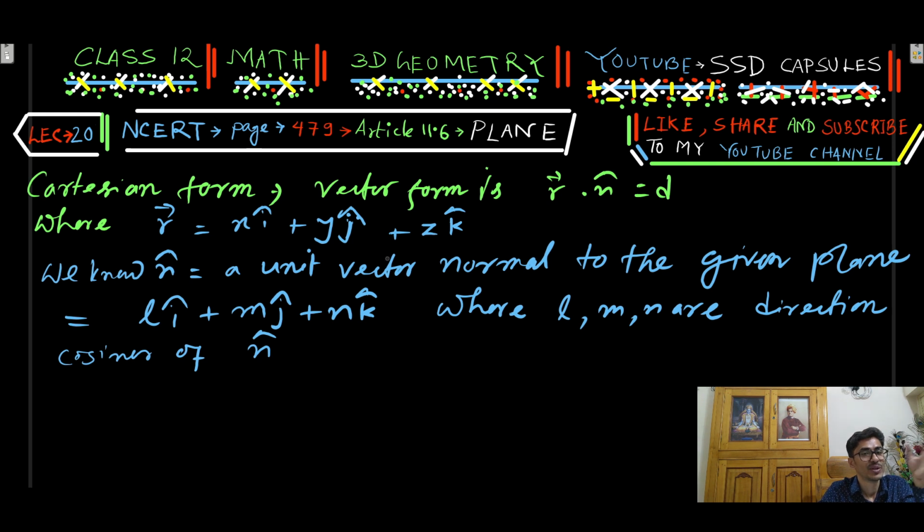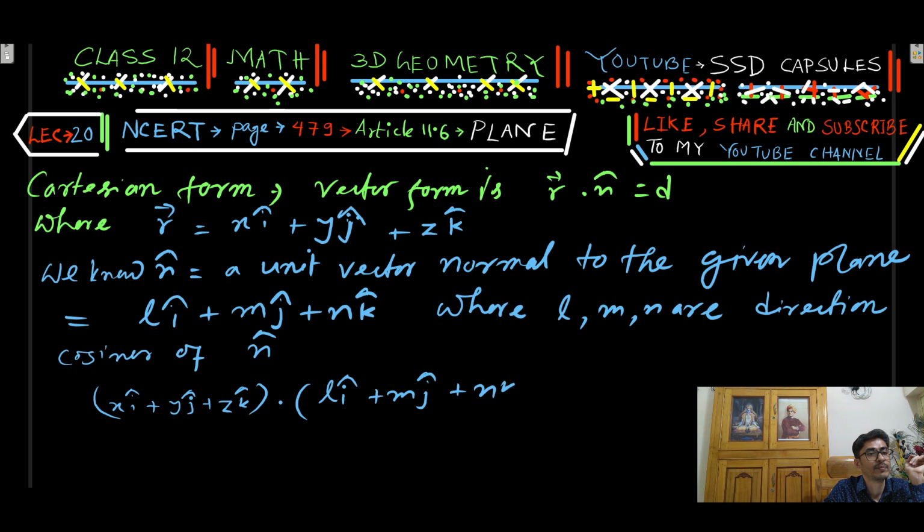So we just simply put the value: x i cap plus y j cap plus z k cap dot l i cap plus m j cap plus n k cap equal to d, which implies lx plus my plus nz equal to d.